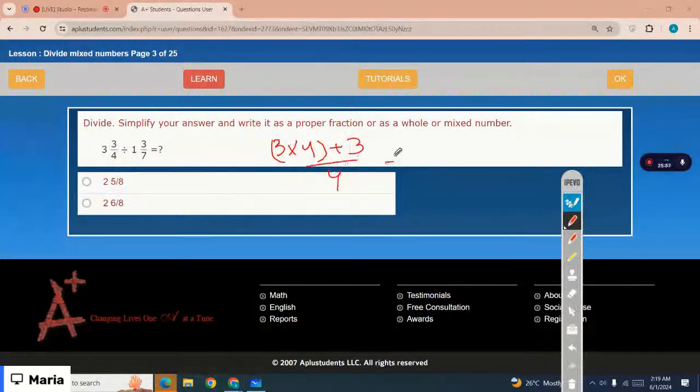Then 7 times 1 plus 3 over 7, not 4, right? That is 4 times 3 is 12 and 3, 15 by 4, and 7 times 1 plus 3, 10 by 7. Now change the division sign to multiplication. So that is 7 over 10.